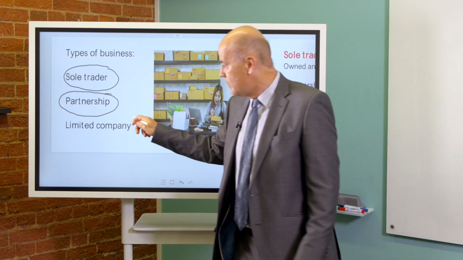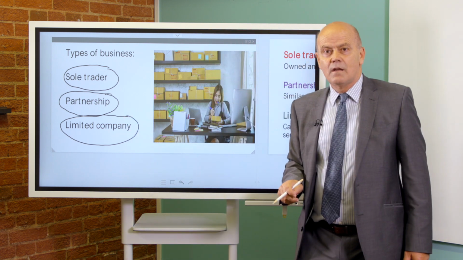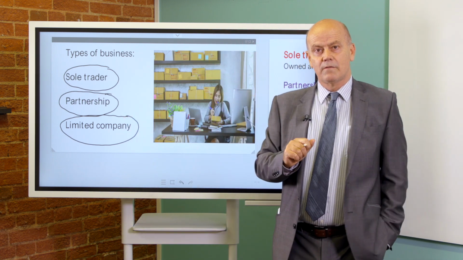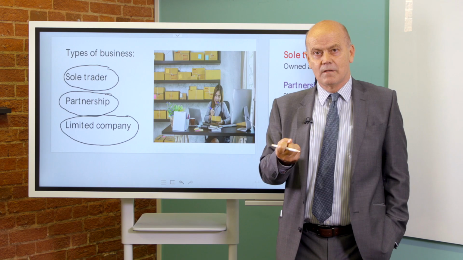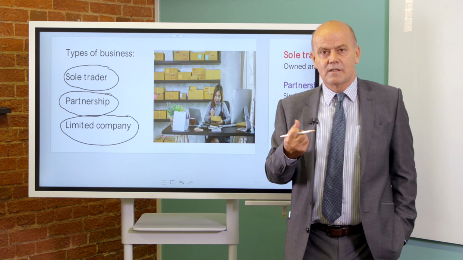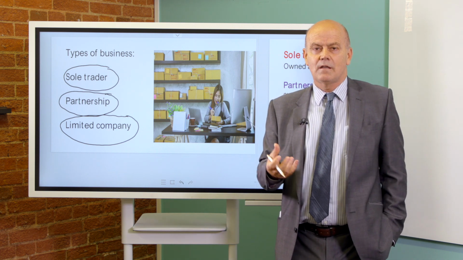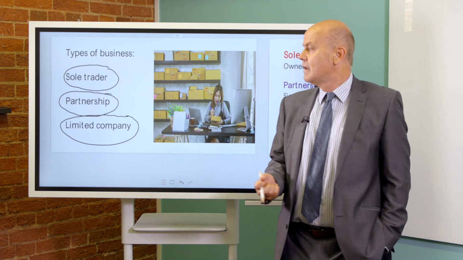And then thirdly, we have this alternative, limited company. Now this is actually quite radically different to the other two. Limited company, the word limited means the liability of the company is limited. What that means is that it has a separate legal identity, what's called a separate legal personality.